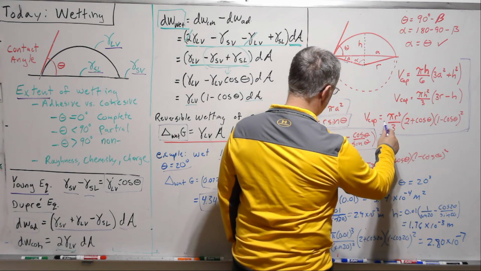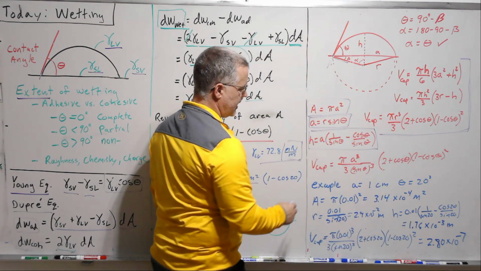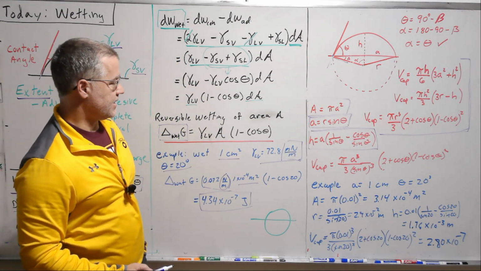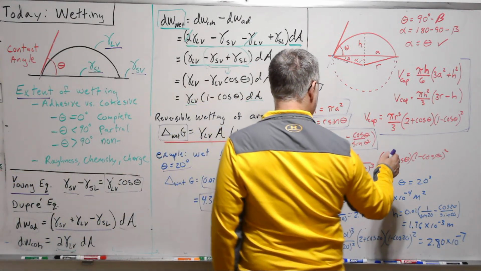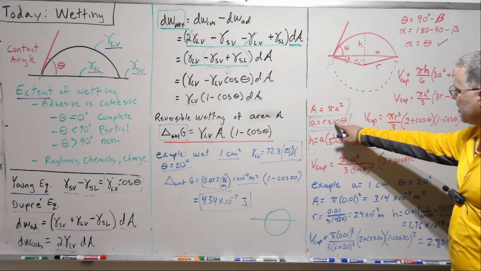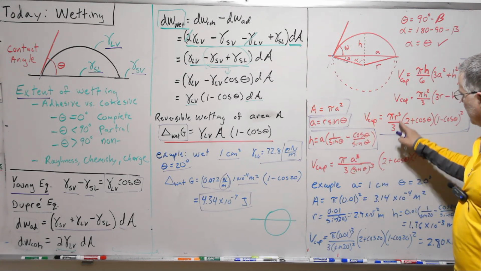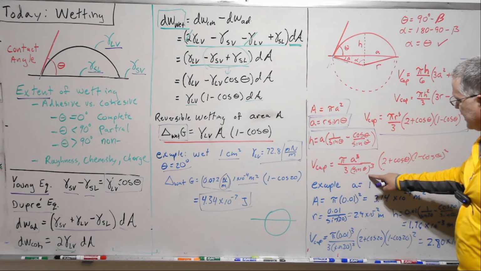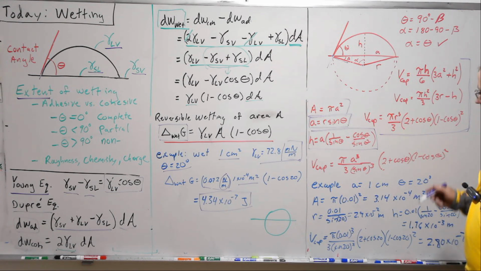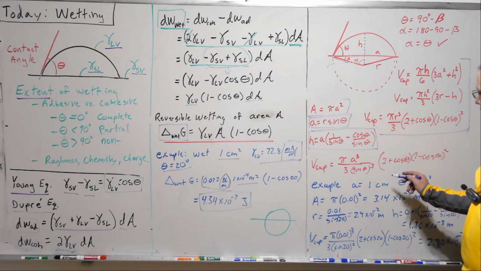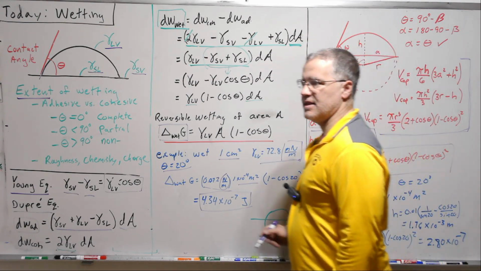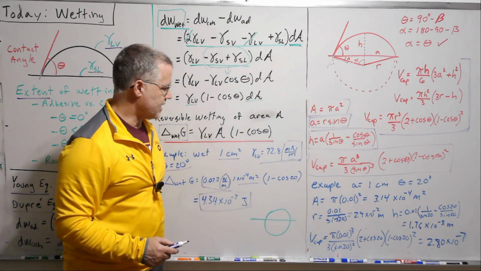So what we're going to do actually is take this formula and cast it in terms of A, so that we have A and the contact angle. So by substituting this into here, R is A over sine theta, so we get A cubed over sine theta cubed, and then we carry along the angle formula. So this is a nice formula for wetting because it has A and contact angle.